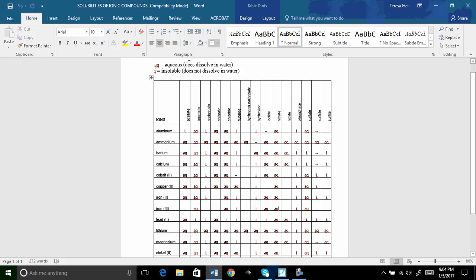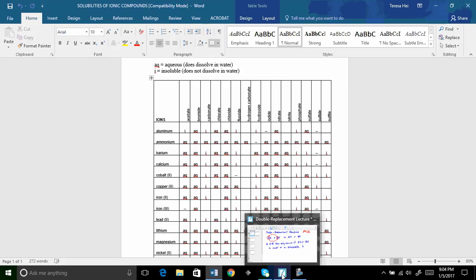I means it doesn't dissolve in water, like sand in water, which you can see with your naked eye. So on this sheet, AQ means not a precipitate, and I means a precipitate. As I get into my examples, hopefully this will become more clear.